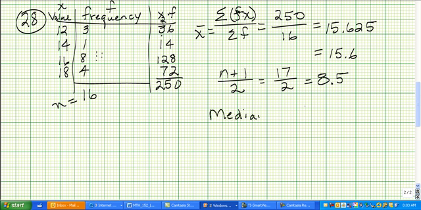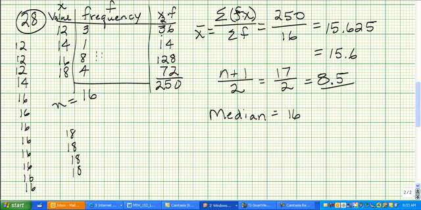Now, if you have trouble counting that out, what this means from our frequency table is we have 3 12s, we have a 14, we have 8 16s, and we have 4 18s.